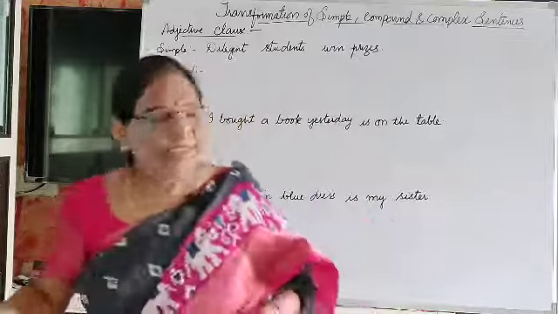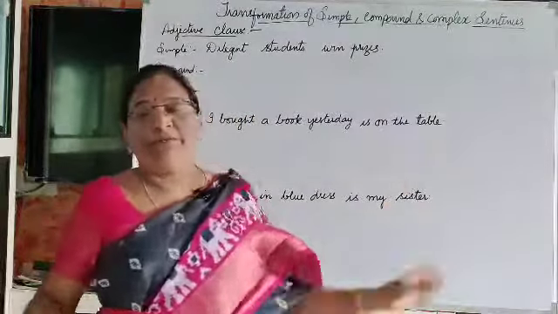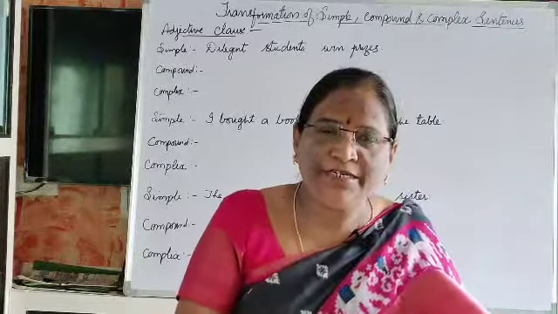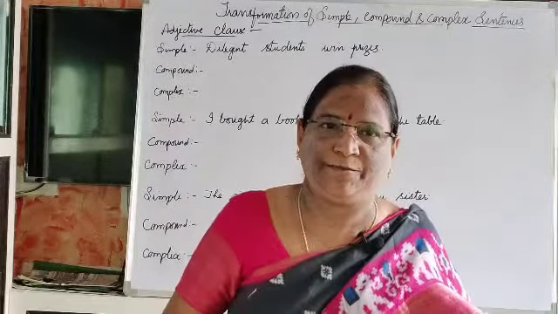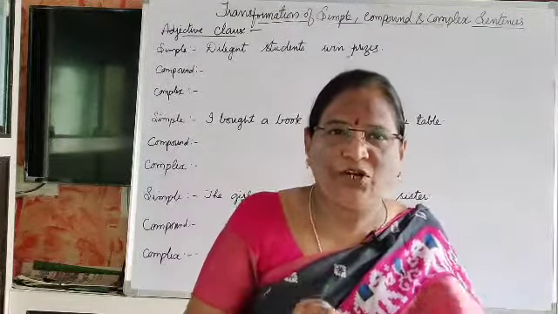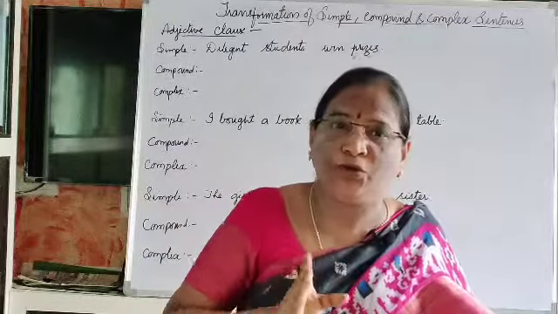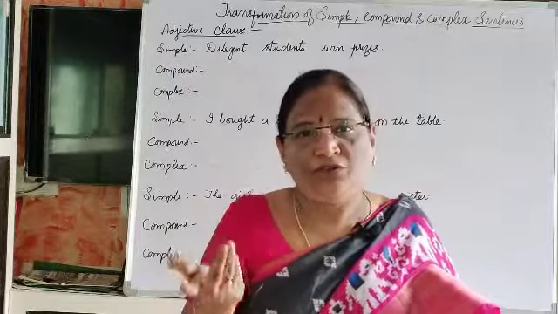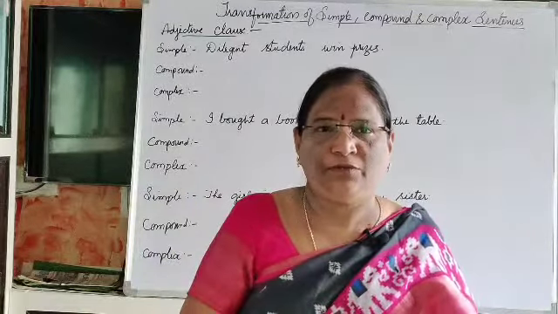The adjective clause is nothing but a subordinate clause. Understand? Adjective clause begins with a relative pronoun, which is a substitute for a noun or noun phrase or sometimes pronoun.